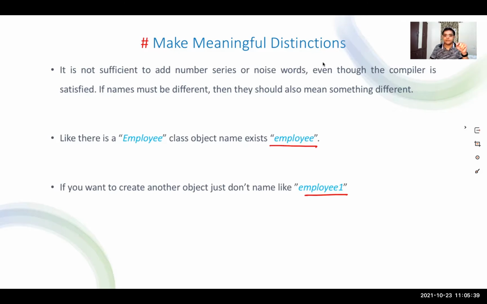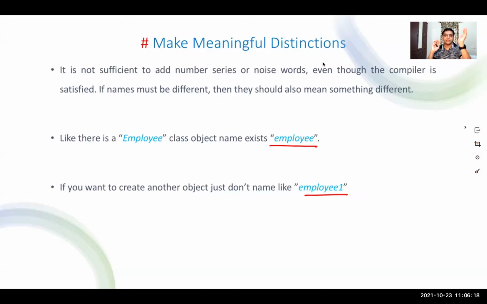I can add another like employee2, employee3, etc. A lot of variables we have created, and finally programmers looking at it, even you yourself, will look and see what is this employee1, what is this employee2, and want to go back to the declaration and see it. This makes a lot of confusion, even to you after some time, and obviously to other programmers also.